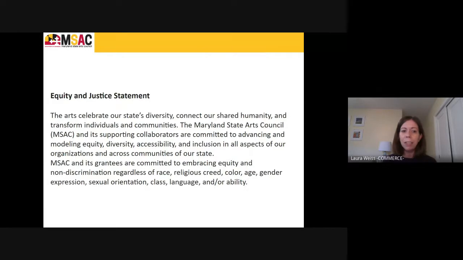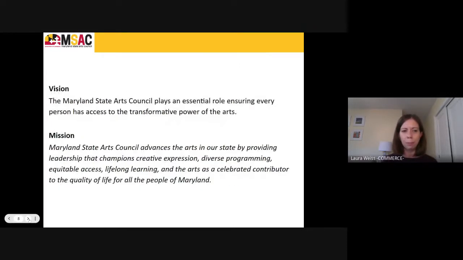The Maryland State Arts Council and its supporting collaborators are committed to advancing and modeling equity, diversity, accessibility, and inclusion in all aspects of our organizations and across communities of our state. MSAC and its grantees are committed to embracing equity and non-discrimination regardless of race, religious creed, color, age, gender expression, sexual orientation, class, language, and/or ability.